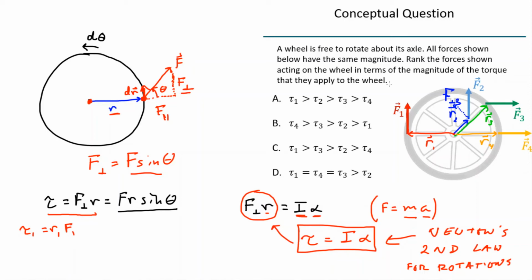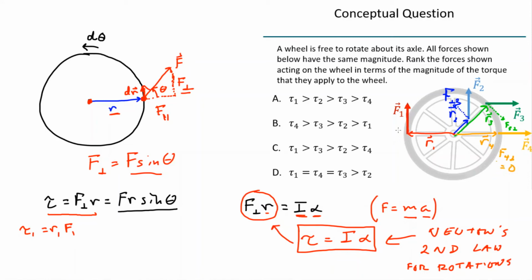For F3, same idea. Only this component, F3 perpendicular, is perpendicular to R3. And then F4, for this one there is no perpendicular component. F4 points parallel to R4. So F4 perpendicular is just 0.